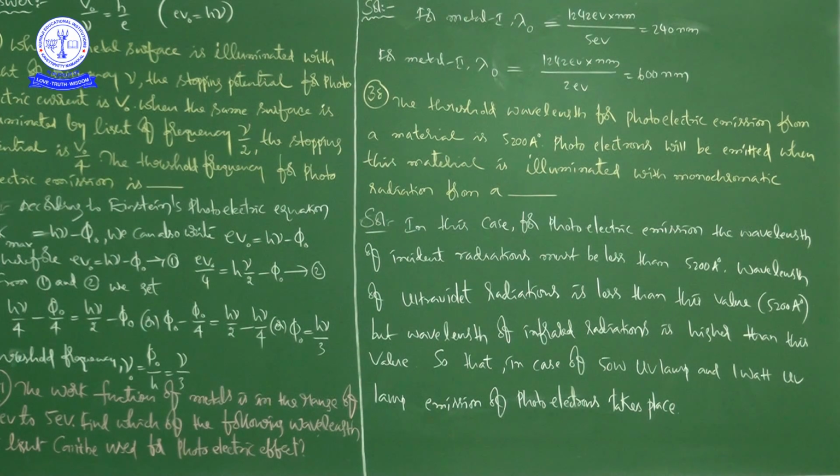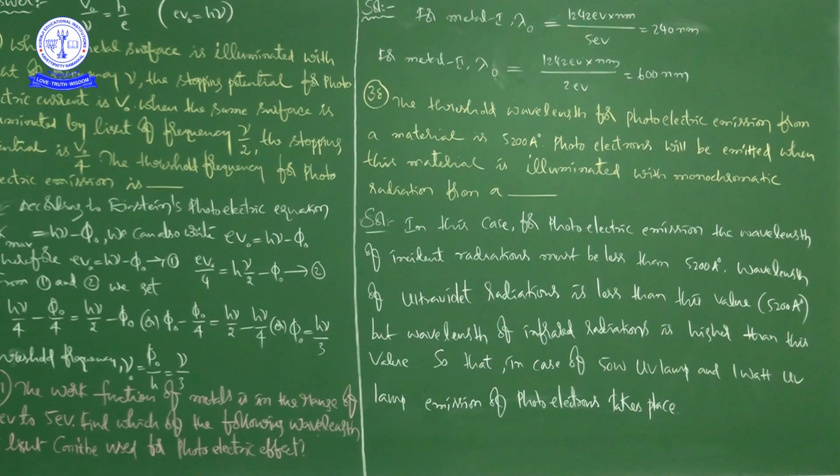See here, this is what he is saying. For photoelectric emission, the wavelength of incident radiation must be less than 5200 angstrom unit.